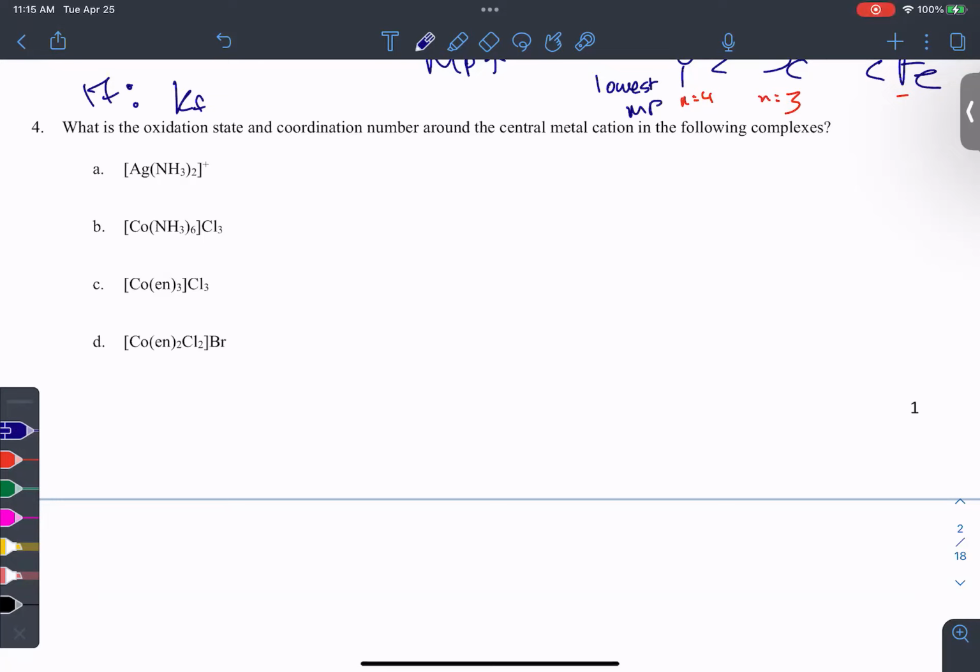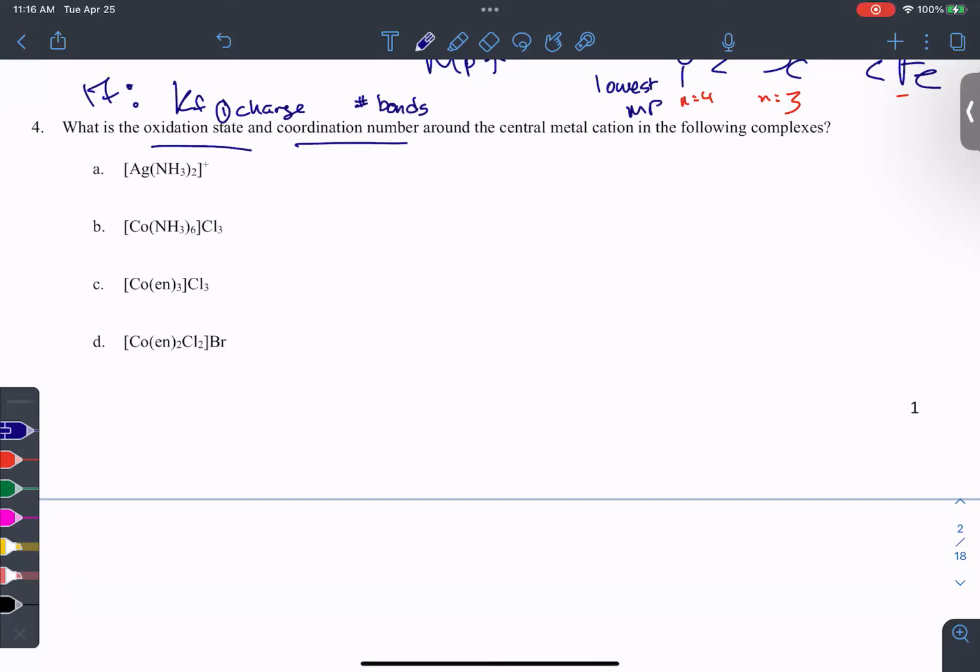So in this chapter, we explored this more deeply and looked at the structure of transition metal complexes. This question is asking, what is the oxidation state? So essentially, what is the charge of the transition metal? And then what is the coordination number around that metal? Coordination number is not necessarily the number of ligands, it's the number of bonds directly to that metal.